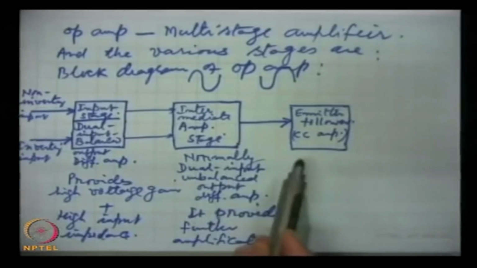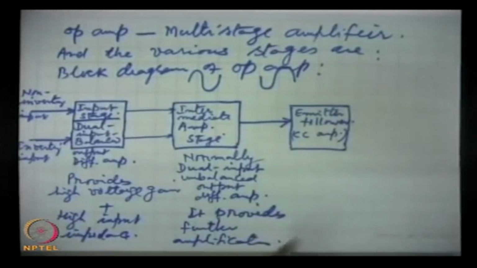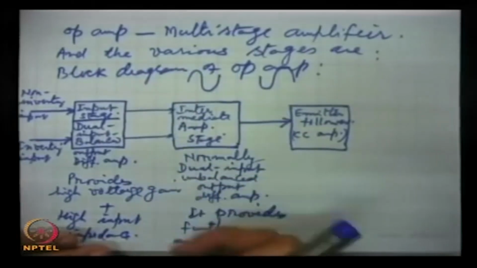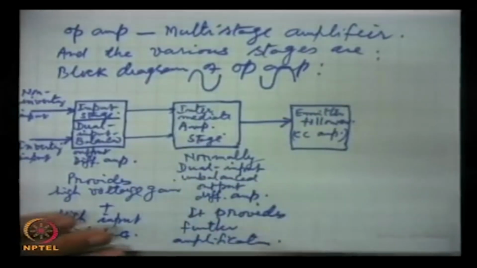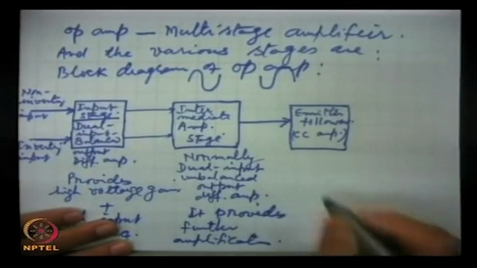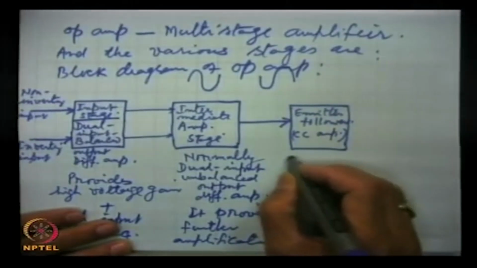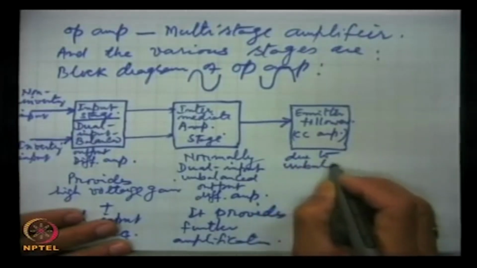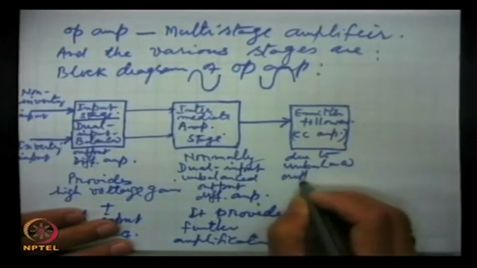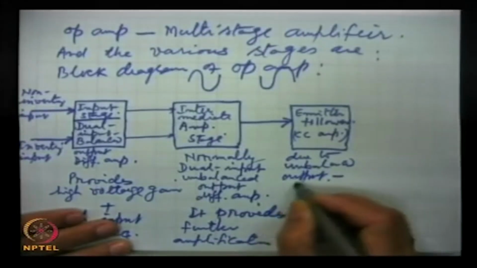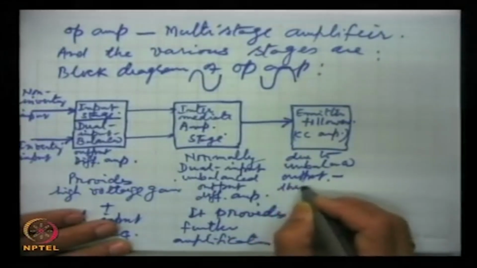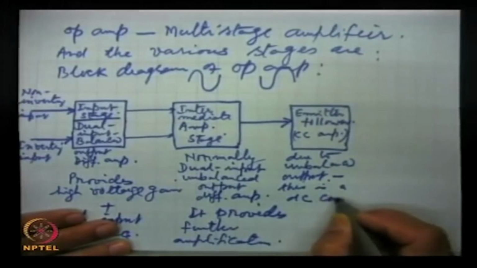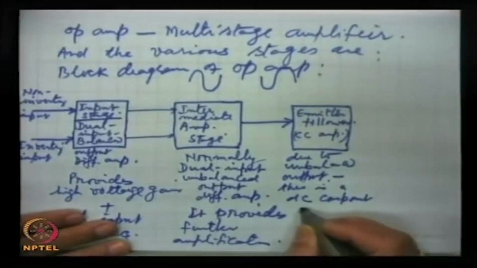So, this emitter follower takes care of this, it changes the DC level. So, this stage shifts the DC level. Due to unbalanced output, there is a DC component in the output.